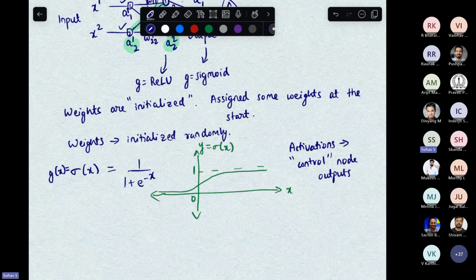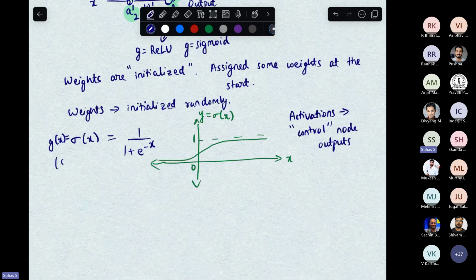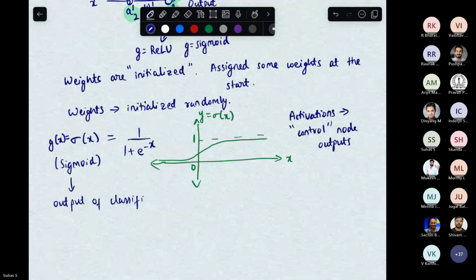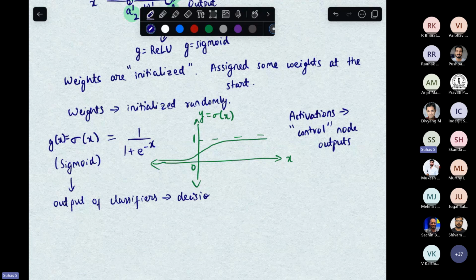These activations are actually very important. This is the sigmoid function, and it is used typically at the output of classifiers. A classifier is basically something that gives you a decision, a yes or no decision.